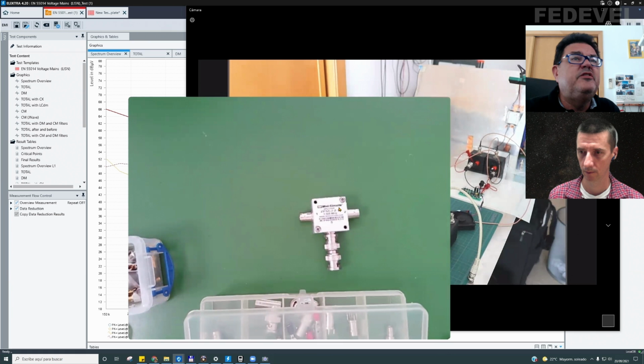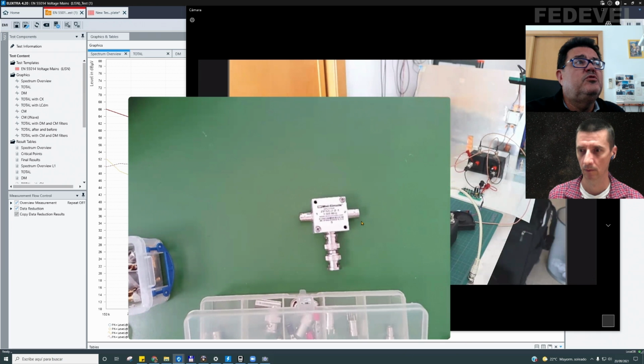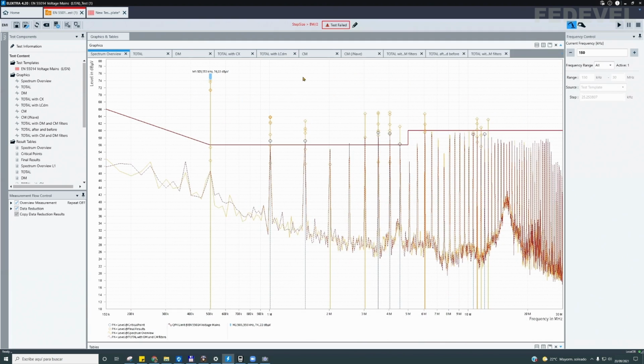Let's try to make a good zoom. Mini-Circuits is a well-known manufacturer of electronic components for radio circuits. So the idea is, instead of using the component for combining or splitting a radio frequency signal, we add the 2 signals, and in the output we have the combination, so we can use the spectrum analyzer to see the signals. I was preparing the experiment previously to check that it was working.